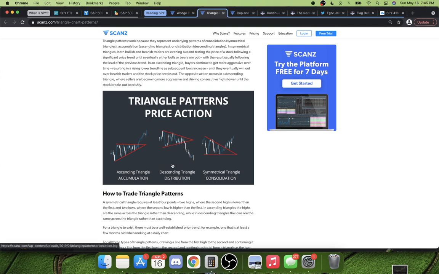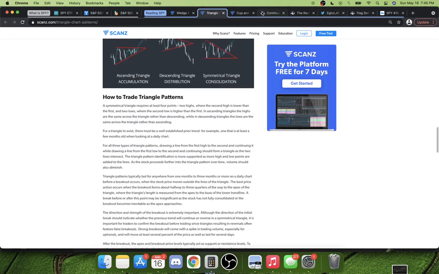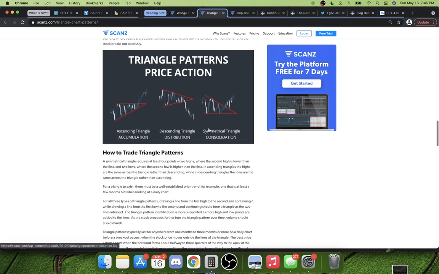But unless you have a pole on it, so if you have a large spike up here before the symmetrical triangle, that is considered a bull pennant, just like if you were to have a large spike down before the symmetrical triangle formed, that would be considered a bear pennant and would point to a continuation down, just like the bull pennant would point to a continuation up. So unless this has a pole attached to it, it can really go either way.